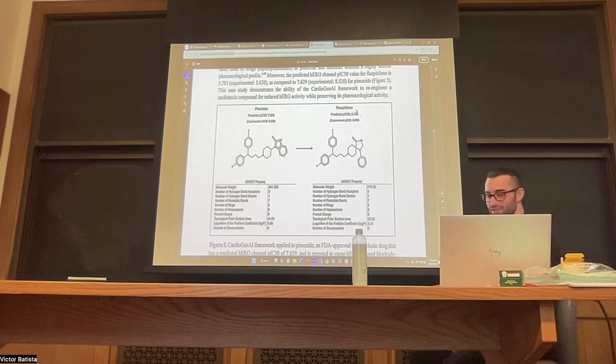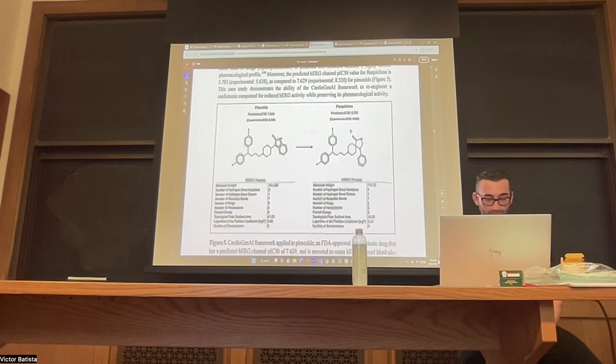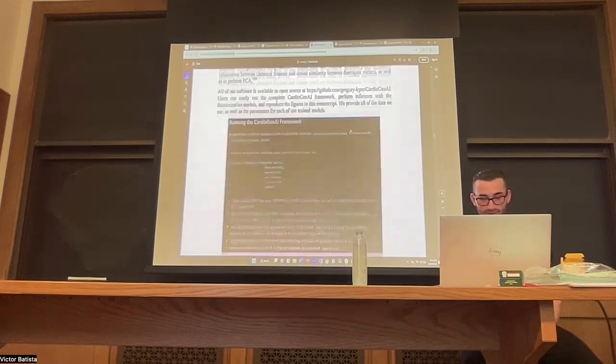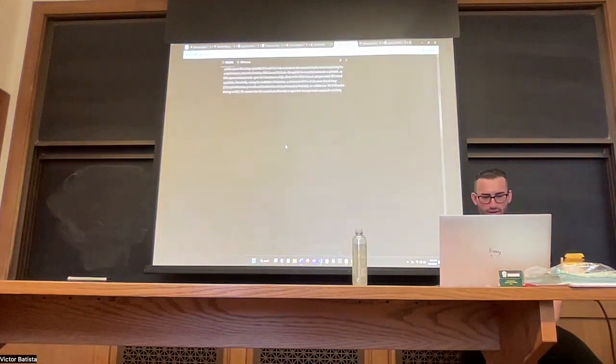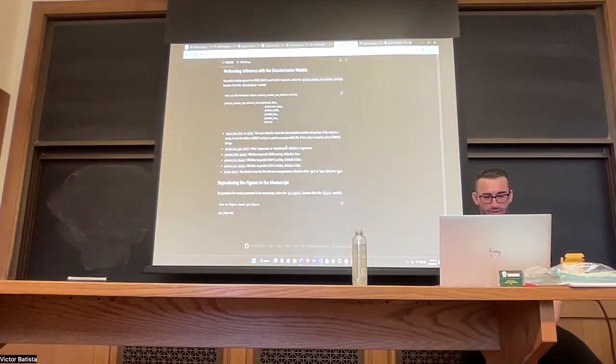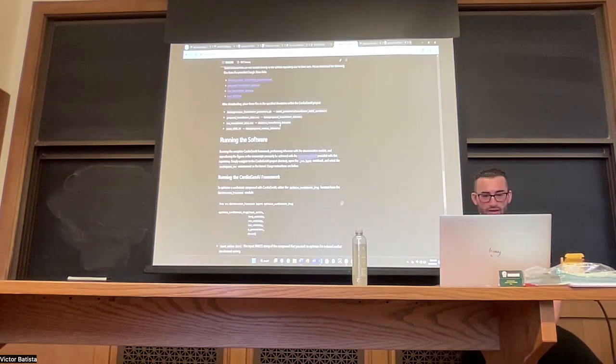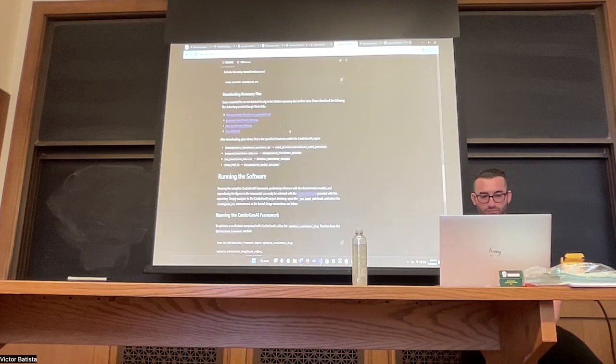And the reason it's interesting that this is here is because it's of the same class of drugs as pimozide, meaning the pharmacological activity is highly similar, but the activity to the hERG channel is 3 orders of magnitude less. So it worked. Yeah, code's available here, tells you how to run it. Anyone who's interested, you type in CardioGen AI, you'll find this pretty easily.